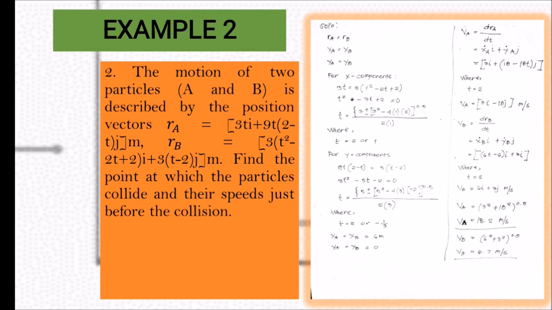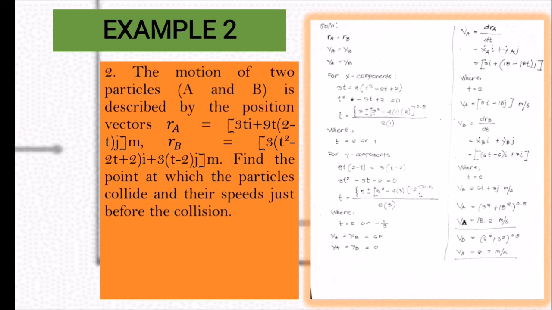Then, our x sub A is equal to x sub B, equals siya sa 6 meter. Then, for our y sub A equals y sub B is equals lang siya sa 0.